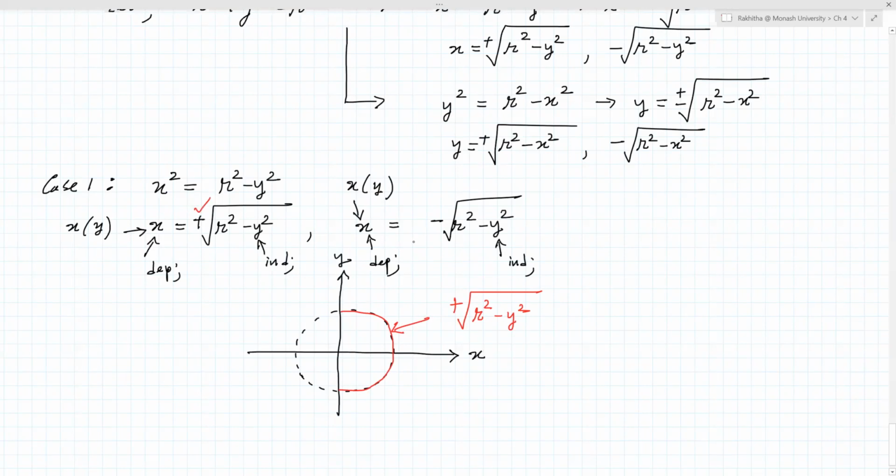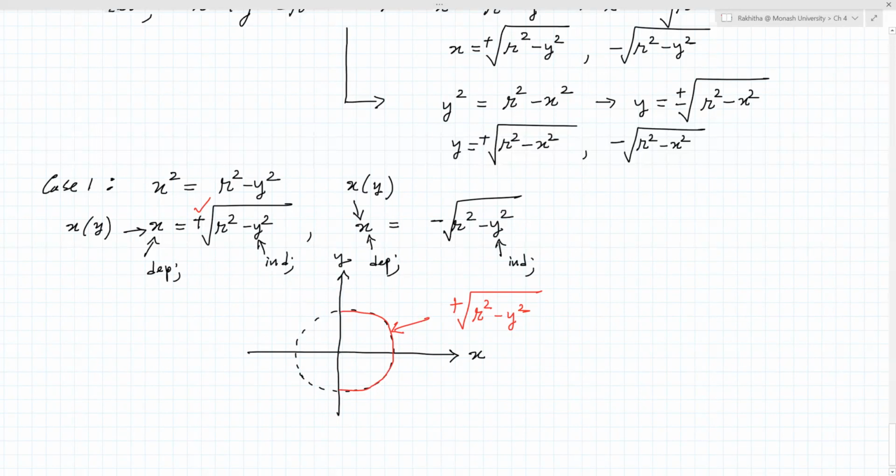Now let's go to the second equation. Now you can see, because of this minus sign, x is negative. So negative x is this. Okay. Now again, what is the independent variable? Y is the independent variable. So y is changing. Y can change from 0 to positive and 0 to negative. So when y is changing 0 to positive, x is negative this way, this area.